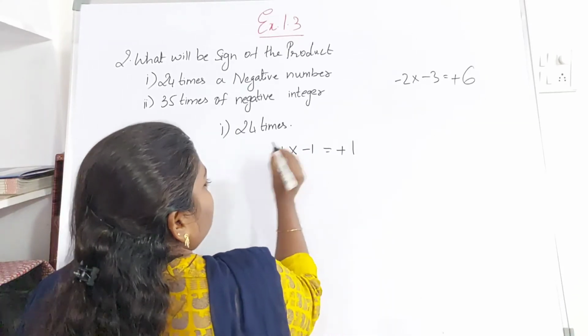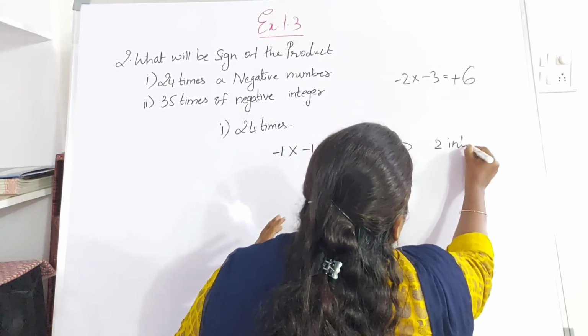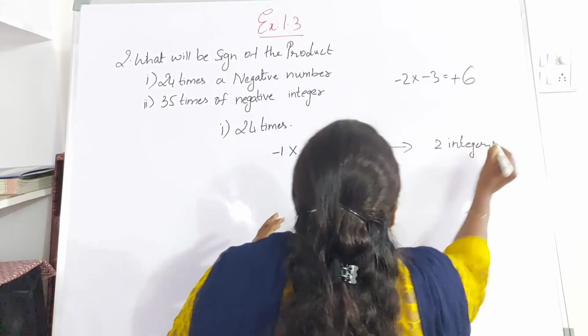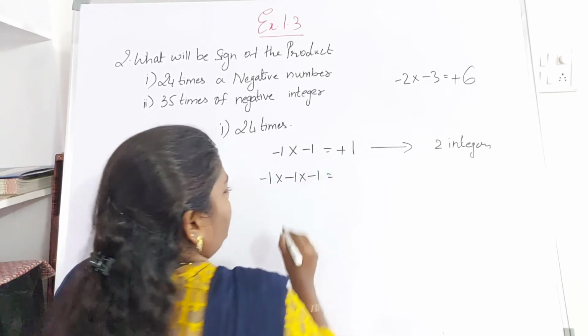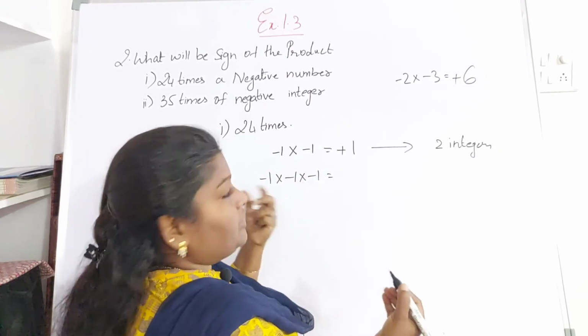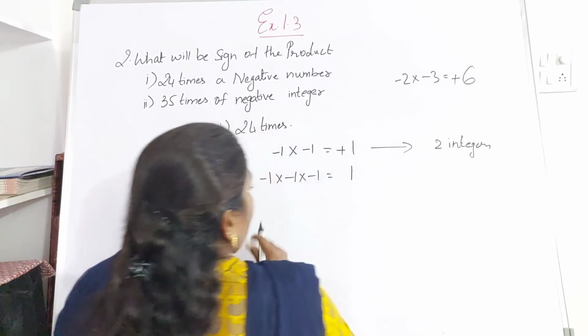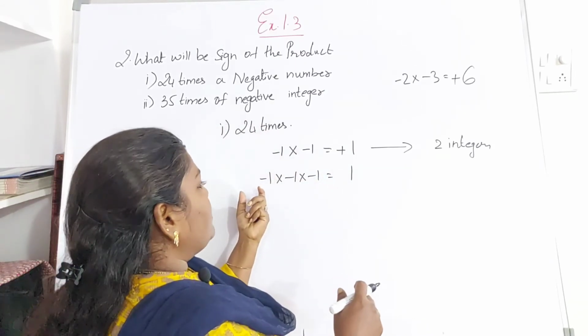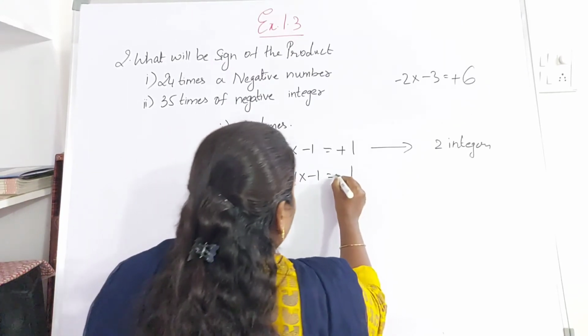If I take 3 integers, here I have taken 2 integers. Minus 1 into minus 1 into minus 1. Here first let me multiply the numbers. 1 into 1 is 1, 1 into 1 is 1. Now let us multiply the signs. Minus into minus is plus, plus into minus is minus.